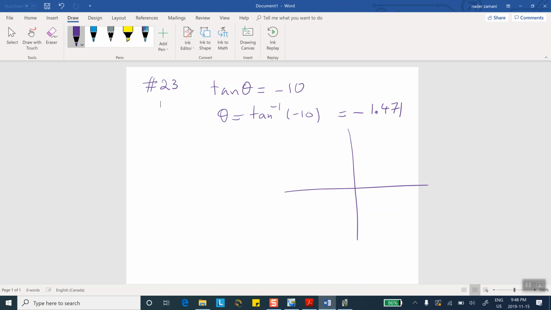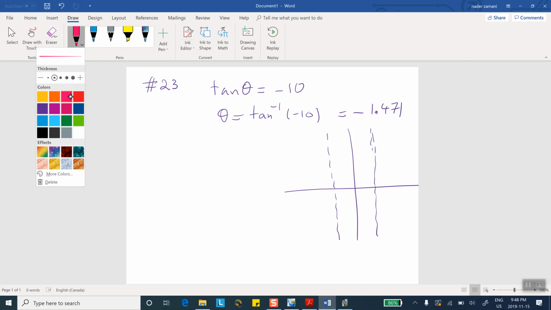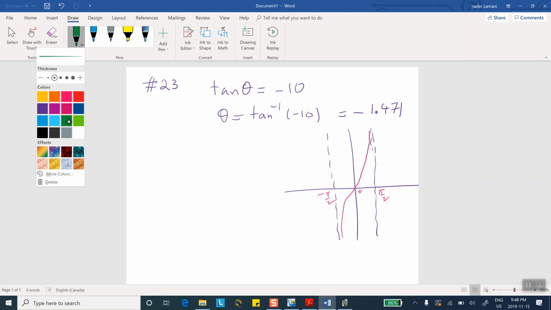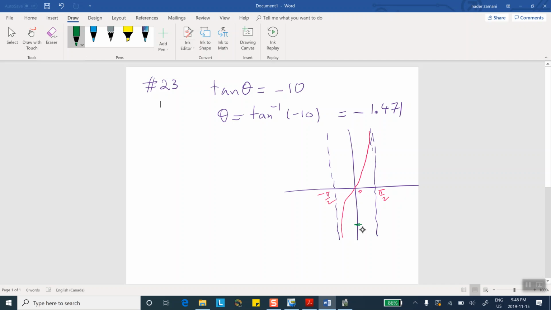The graph of tangent, we just did it. It looks like this. This was the graph of tangent. But this was pi over 2, and this was minus pi over 2. And of course, this is 0. We know that. So we were given a value of minus 10. Minus 10 is somewhere down here. So the answer that we got is actually right here.